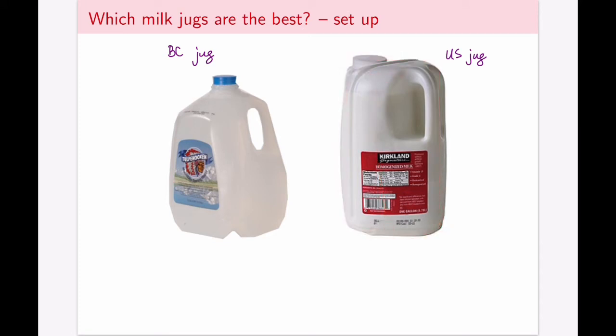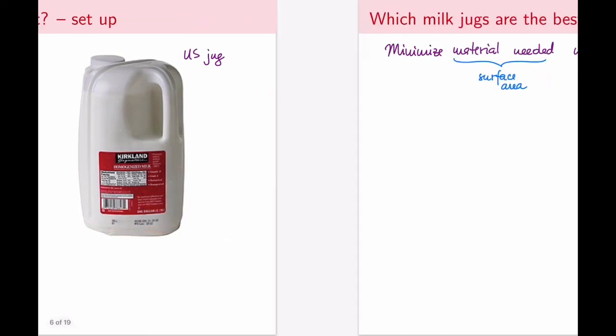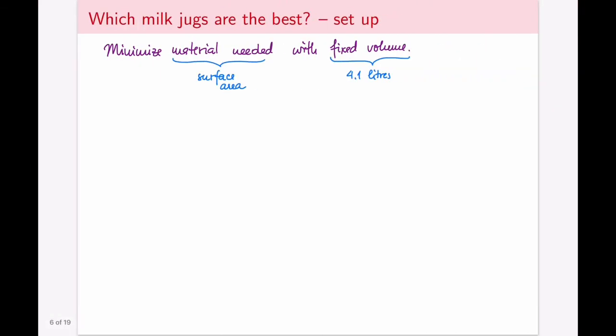The one thing that we will notice too is that because the crates or shrink wrap or something like that have to be packaged onto trucks, the industry does stick to square bottoms of the jar, no matter what the rest of the shape actually looks like. So our overall shape, we will then assume is a square bottom and a rectangular side, however tall it is.